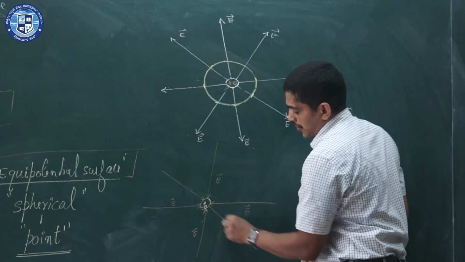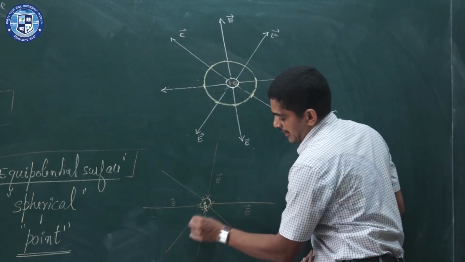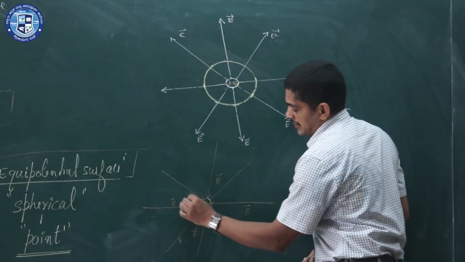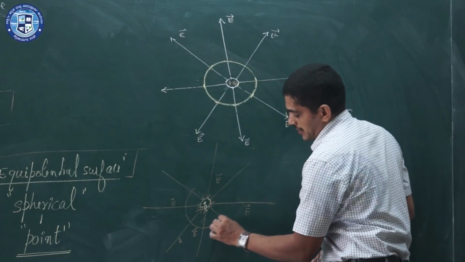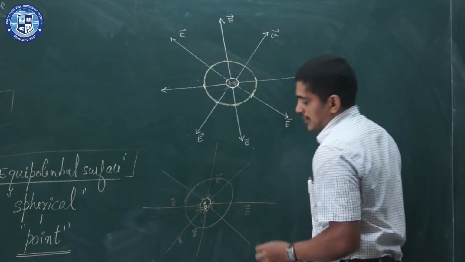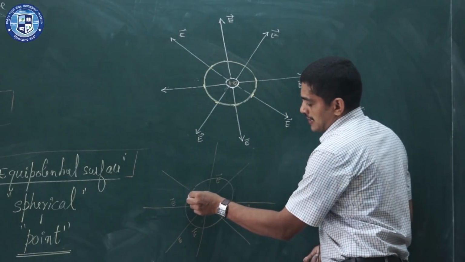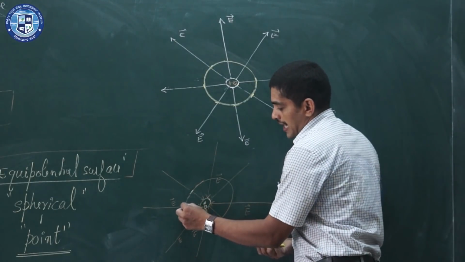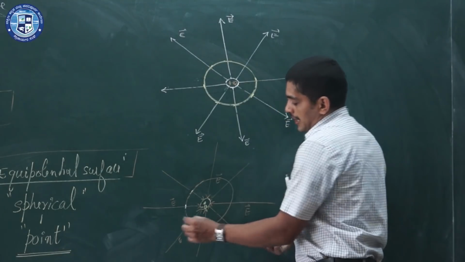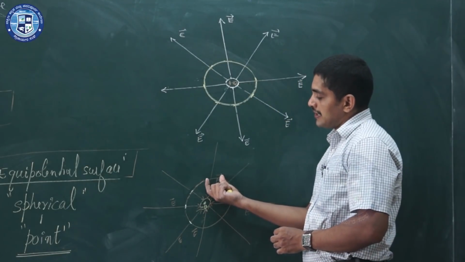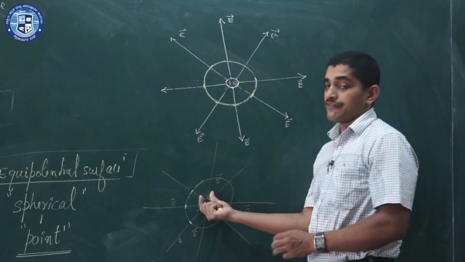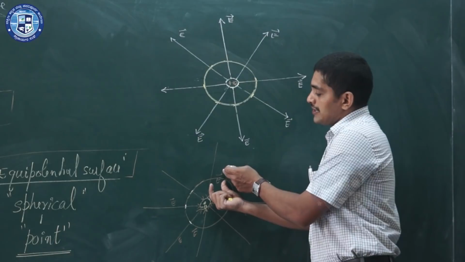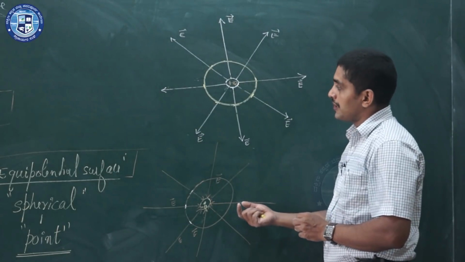You draw any number of electric field lines, and the equipotential surface is nothing but a sphere around this. We will see that this surface is normal to the electric field line. So the first characteristic or property is that the equipotential surface is perpendicular, or normal, to the electric field direction. This is one important point to remember.